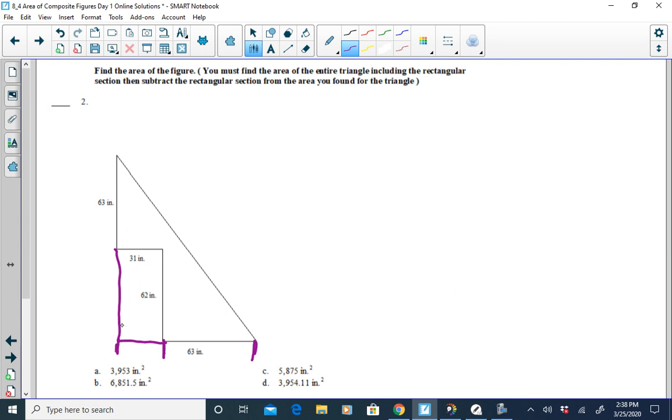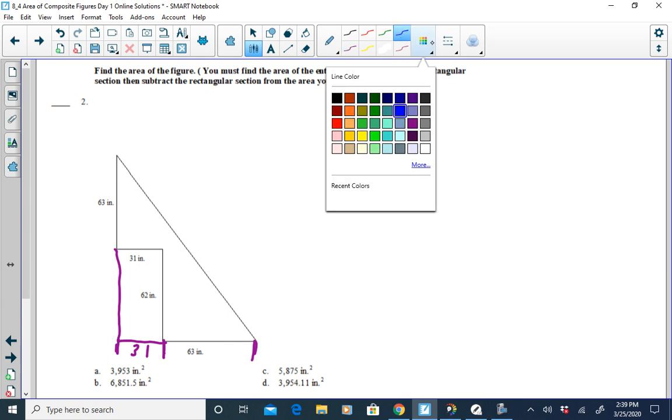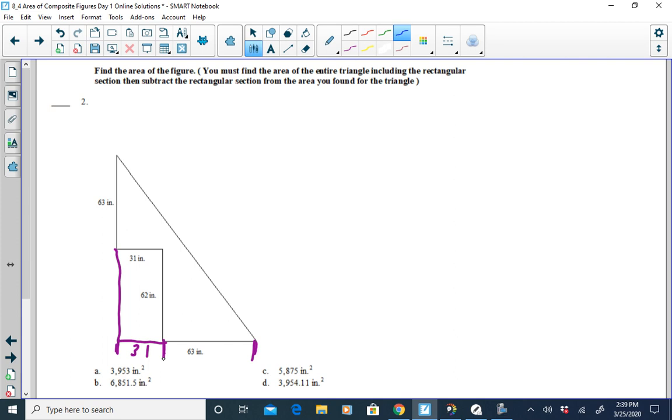We know that from here to here is 31. So we need the sum of those segments, 31 and 63, what's that, 94? So 94 inches is the base of the triangle, the length from here to here.